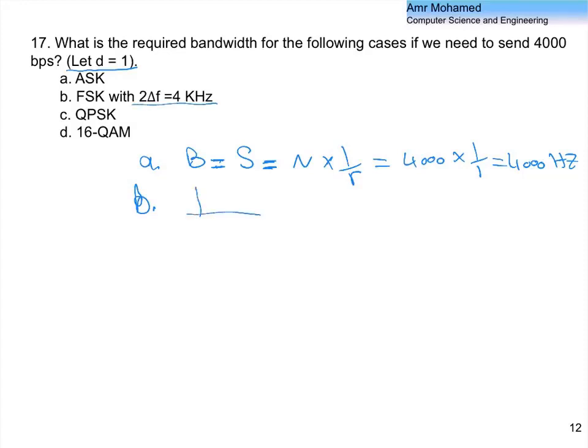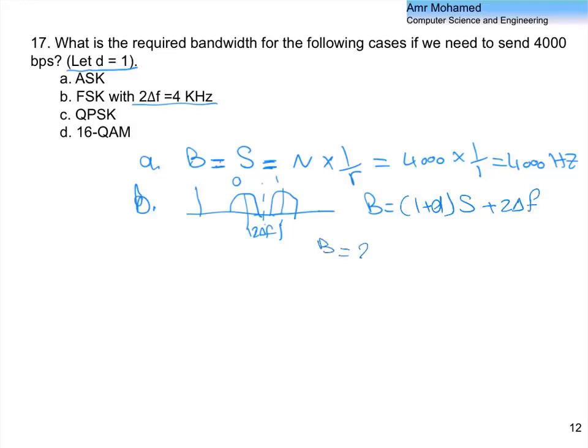For the case of B, for FSK with 2 delta F equals 4 kilohertz, remember for FSK we have 2 symbols with a distance here which is 2 delta F. So this is for 0 and this is for 1. So the bandwidth equals (1 plus D) times S plus 2 delta F. So bandwidth equals 2 times S, where S is N times 1 over R and R is 1, plus 4000 or 4 kilohertz.